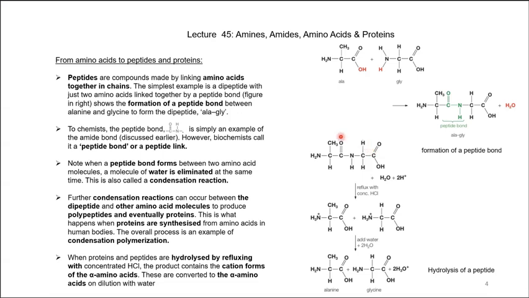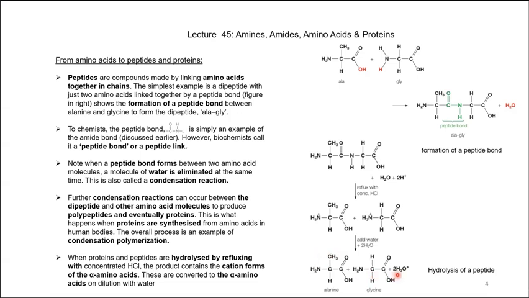So here it is a peptide, and if we reflux it with acid, that is acidic reflux, then we can get this cation and this cation, and then add water to it, and we get alanine and glycine.